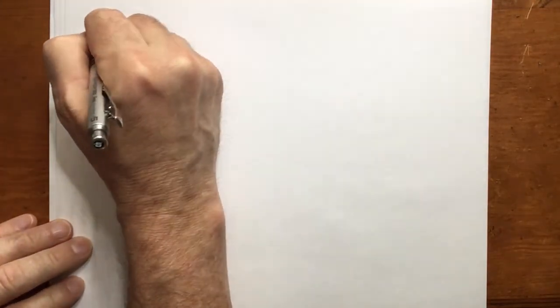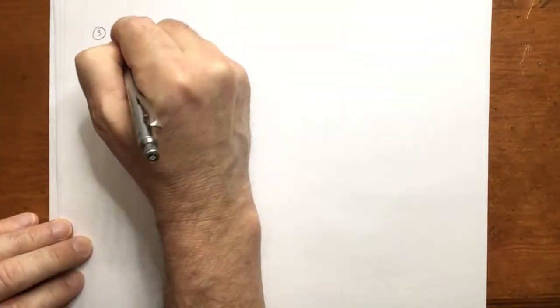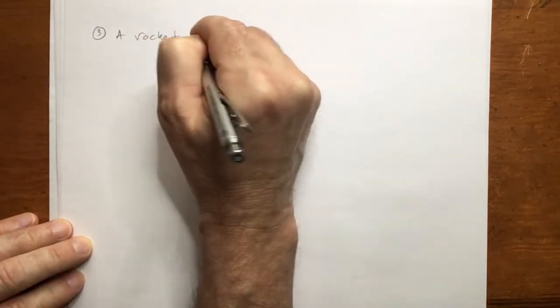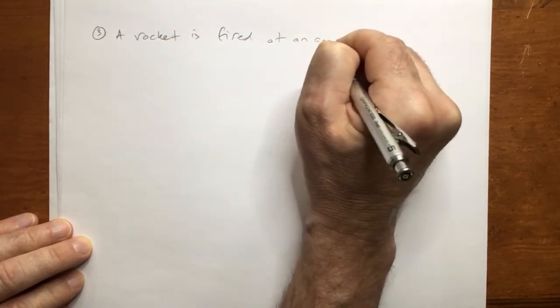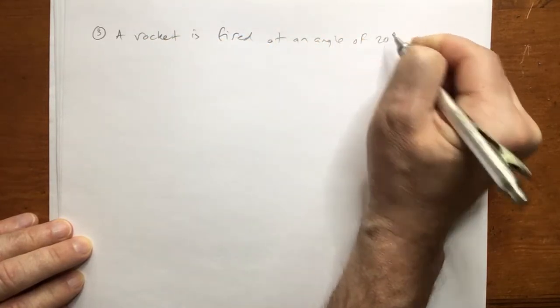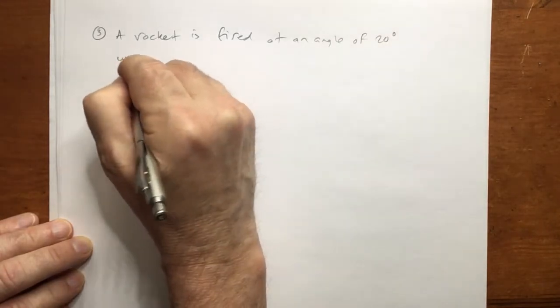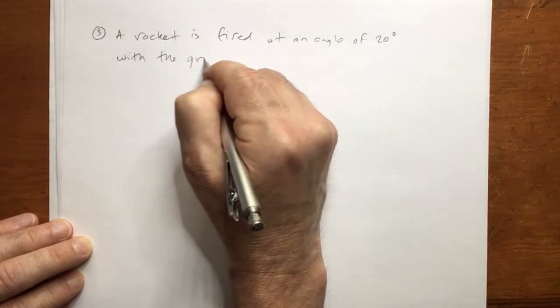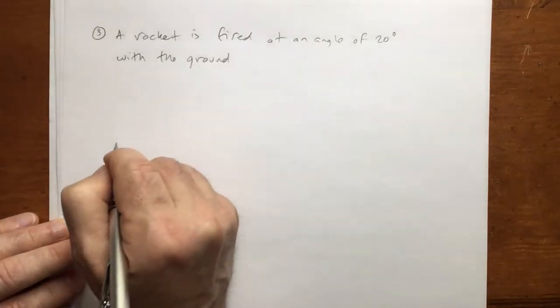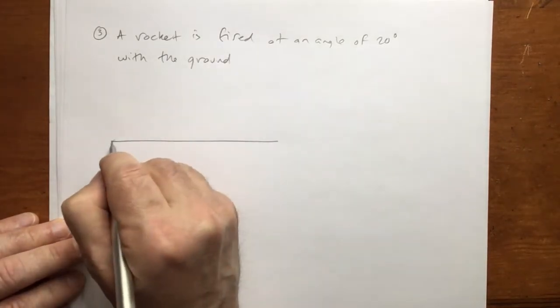I'll call this example 3. So a rocket is fired at an angle of 20 degrees with the ground, assuming a horizontal ground. And so here's my ground. Let's say the rocket starts there.